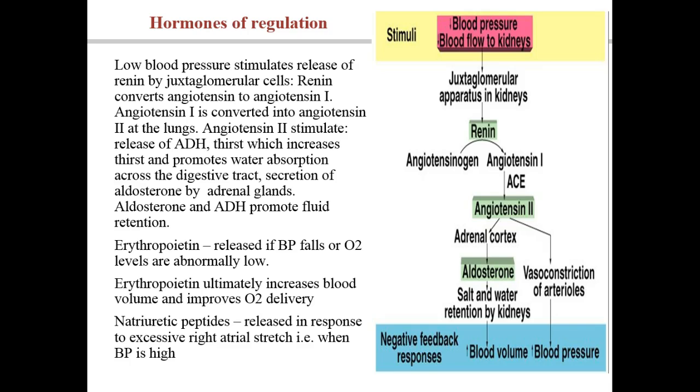Renin causes angiotensinogen to convert to angiotensin 1. Angiotensin 1 then is converted to angiotensin 2 in the lungs, and angiotensin 2 then stimulates the release of the antidiuretic hormone via the pituitary gland.